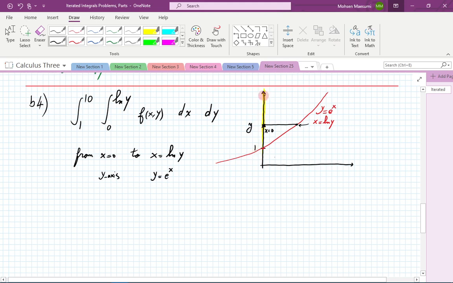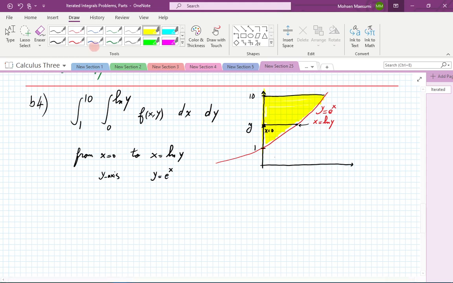And let's say 10 is somewhere here. So the region of integration becomes this triangular looking region. Of course, this is a curve here, and the entire region we are sweeping is going to be this. This is the region of integration. We are bounded by these curves which specify this yellow region.